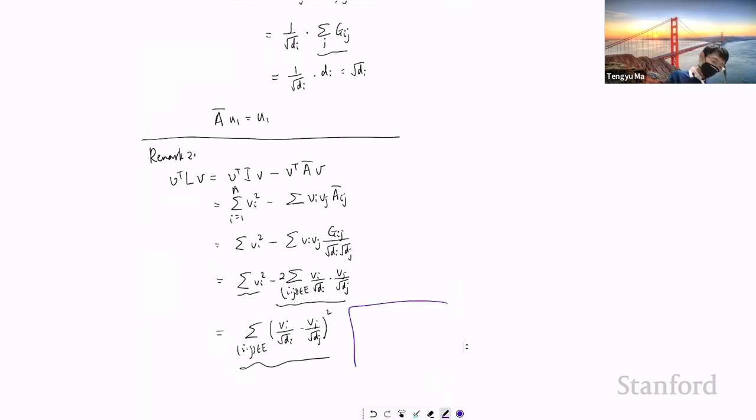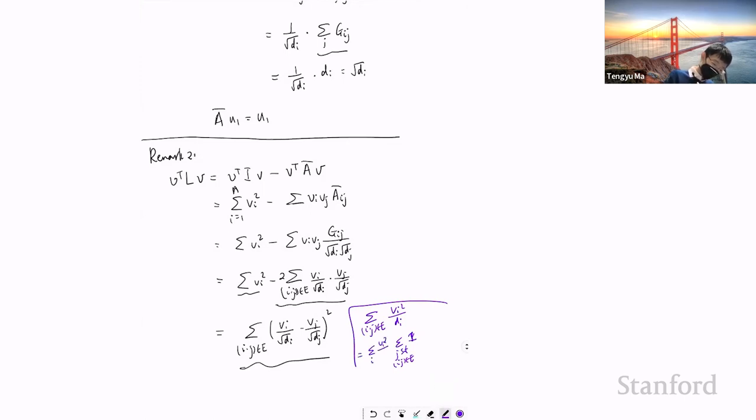So we can verify that by looking at the sum over ij in E of V_i squared over d_i. This is the sum over i, and the sum over j such that ij is in E. I think this is probably obvious, but I'm making it a little bit too complicated.